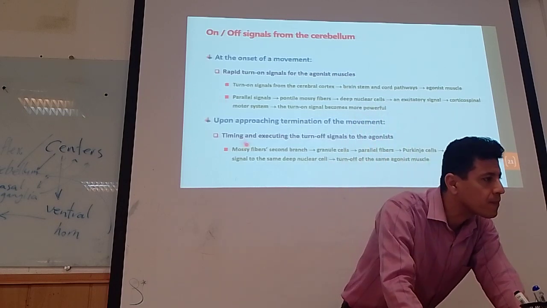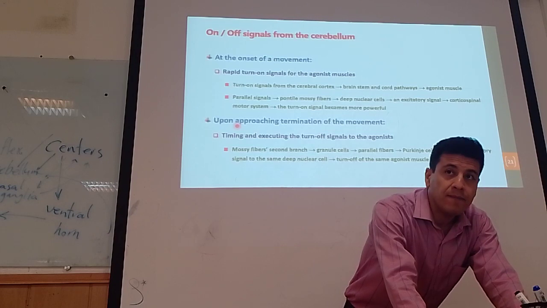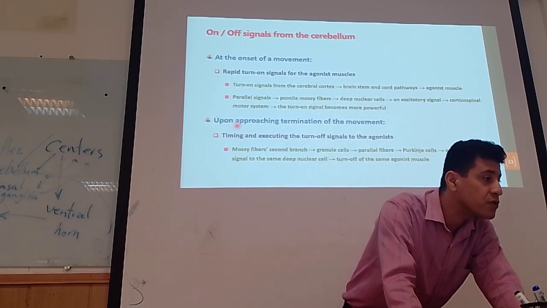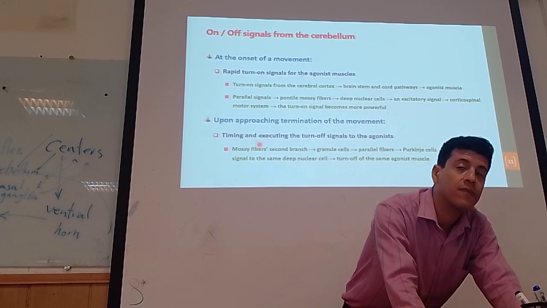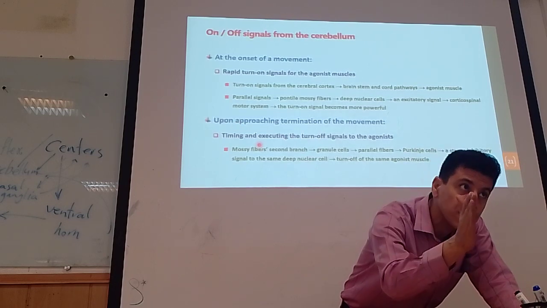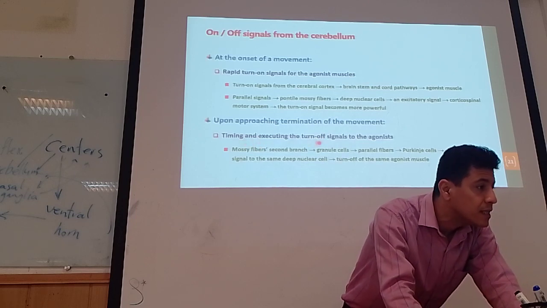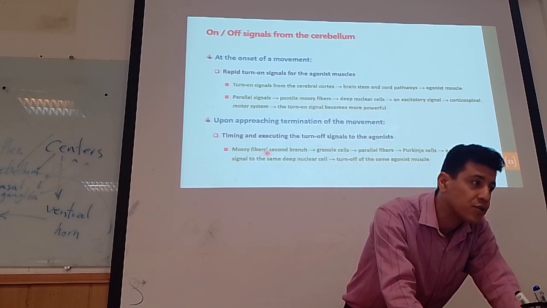Then, when the movement is going to end, on approaching the termination of the movement, the cerebellum should stop the movement, right? So a turn-off signal is sent to the agonist. How? Muscle fibers, second branch. Go to the granular cell, activate parallel fibers, Purkinje cells are activated.